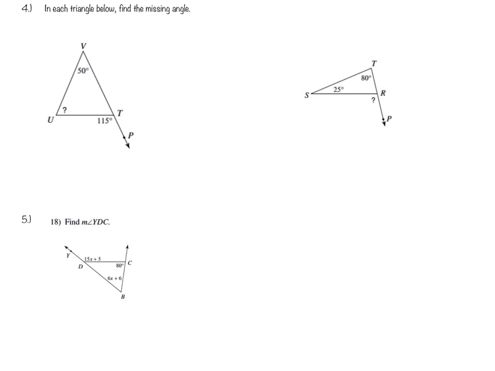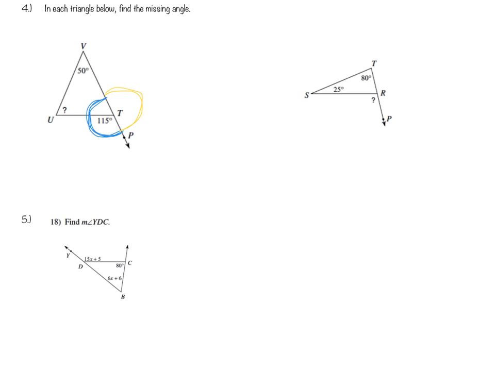In each triangle below, find the missing angle. So we need to look at what we know, so you can use your cheat sheet that we did in the very beginning to look at what kind of angles are congruent to each other. But we know for sure that if this is a half circle, remember that a full circle has to equal 360 degrees. So half of that has to be 180. So these are supplementary angles.